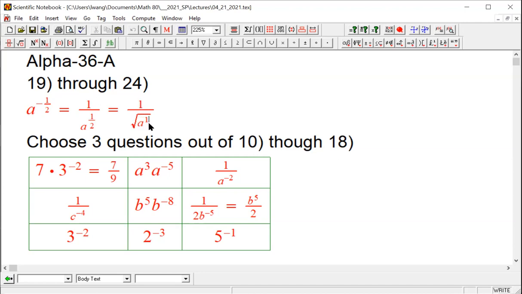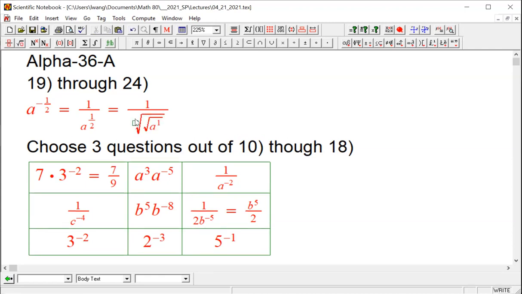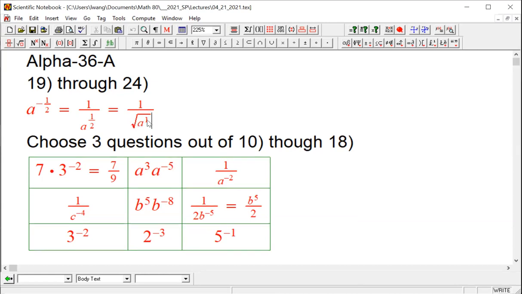The 2 goes here, √2, right? So let me write another way. So this is √2, and this is a. Wait, sorry, let me do it over. The denominator in the exponent goes to the root, and a is raised to the numerator, the power of 1.